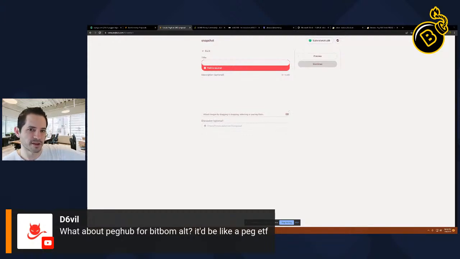I know PegHub is going to do amazing on its own. It doesn't need any additional buy pressure, and I think we should leave that one out. I think it would also have the same problem as Beefy, but to a further extent, as it has less liquidity. PegHub itself has an even more limited supply than Beefy. I think Beefy has 80,000.